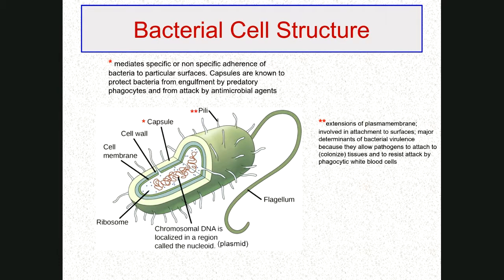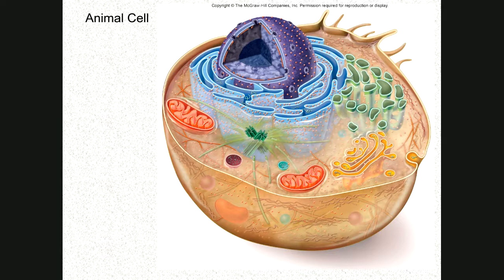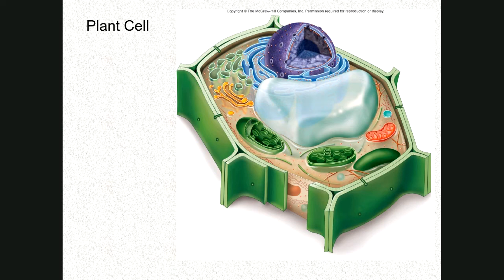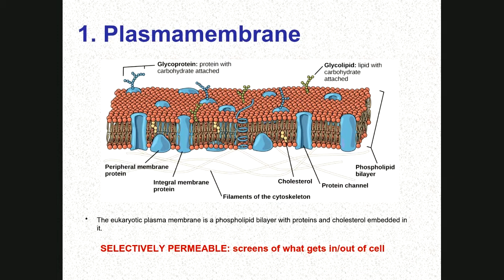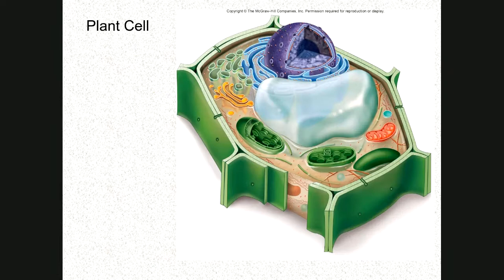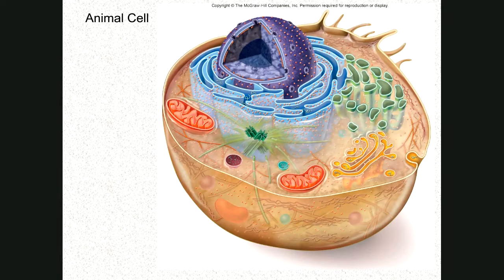So let's explore animal cells versus plant cells. First of all, you are going to tell me, oh, Dr. Carver, I can notice that the animal cells are round, circular, right?